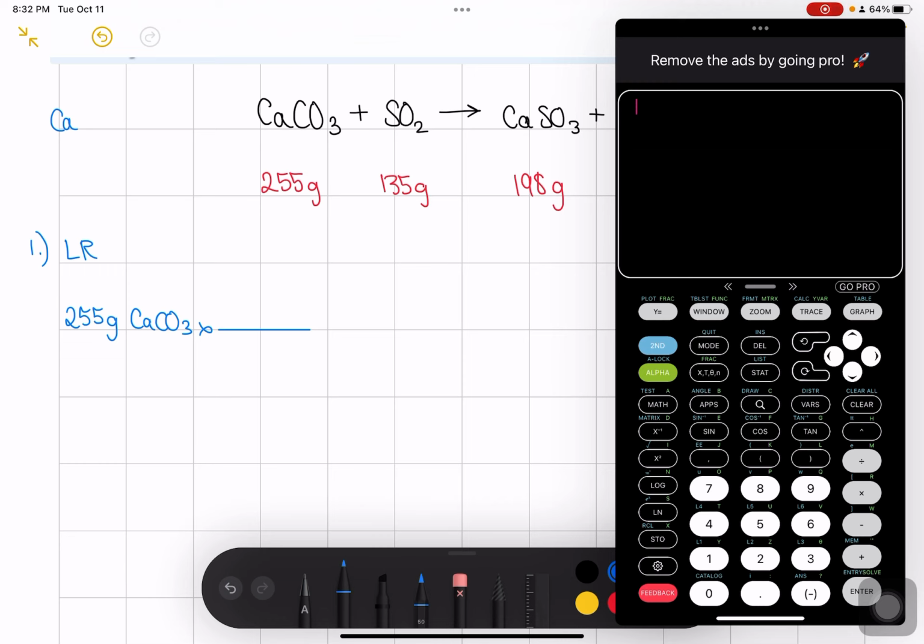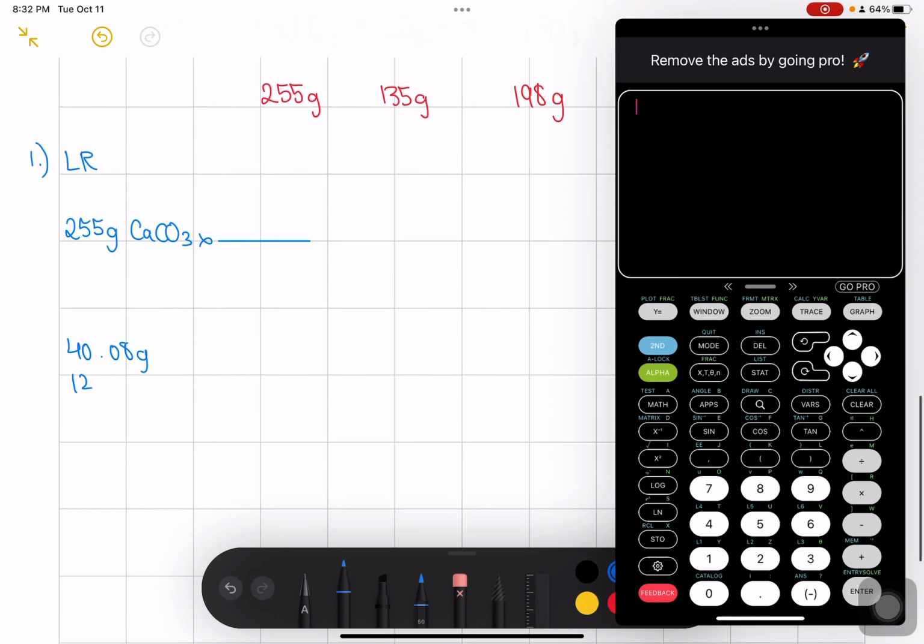Ca, I believe, is... let me just check that really quick. There we go. Ca is 40.08 grams. And we have a C, which is 12.01 grams.